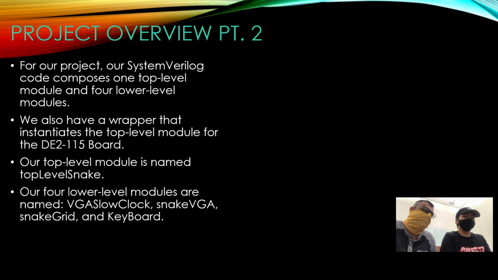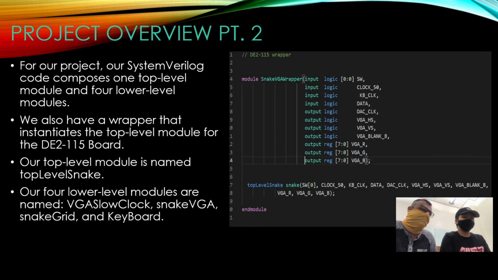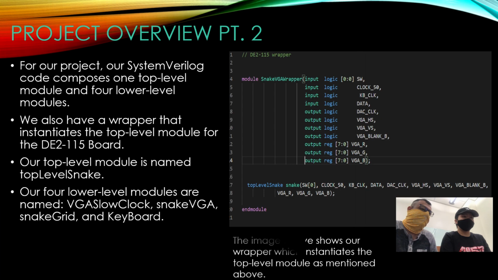Our 4 lower-level modules are named VGA Slow Clock, Snake VGA, Snake Grid, and Keyboard. As you can see in the image on the right, this is what our wrapper module looks like, and as I mentioned earlier, it instantiates our top-level module.